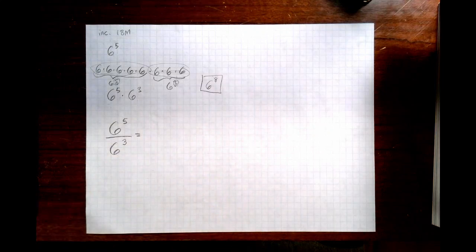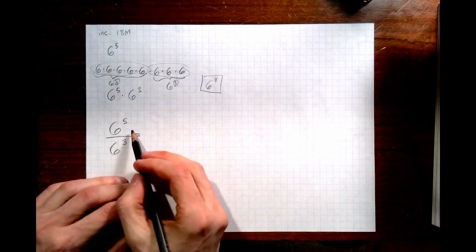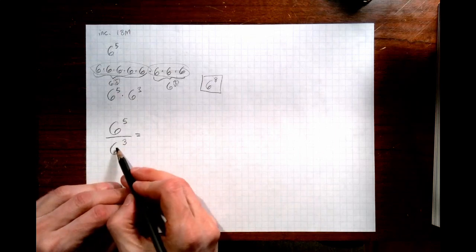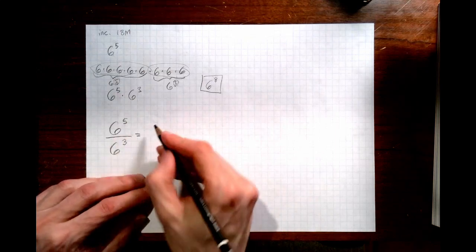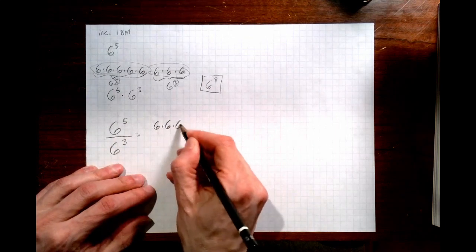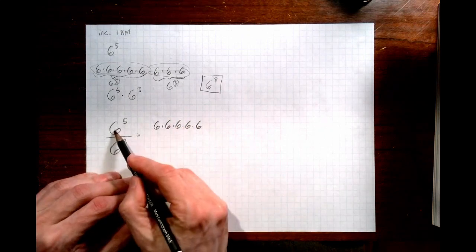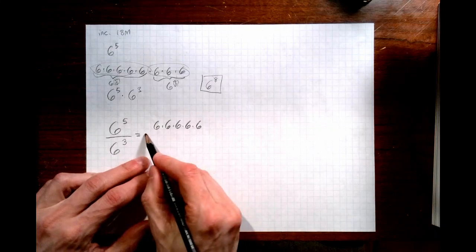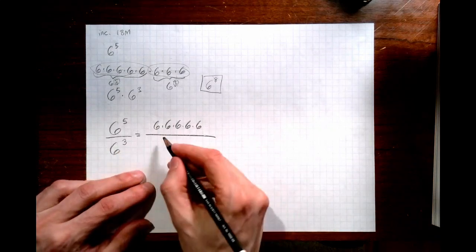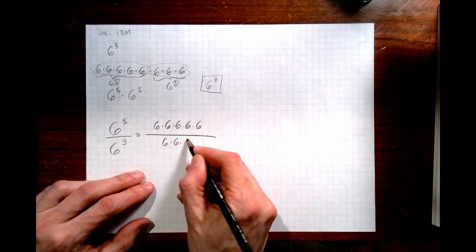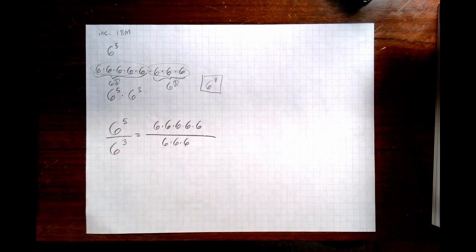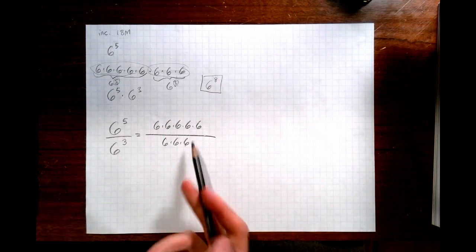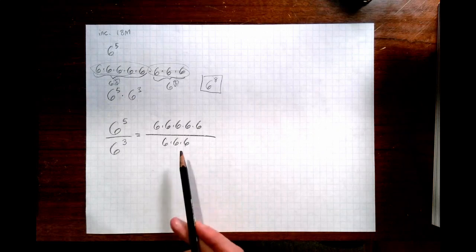Pretend you don't for a minute, and let's see if we can figure out what's going on. I'm going to write this out because I know this is a shorthand for 6 multiplied times itself 5 times, and this is a shorthand for 6 multiplied times itself 3 times. Now I'm looking at this ugly thing.